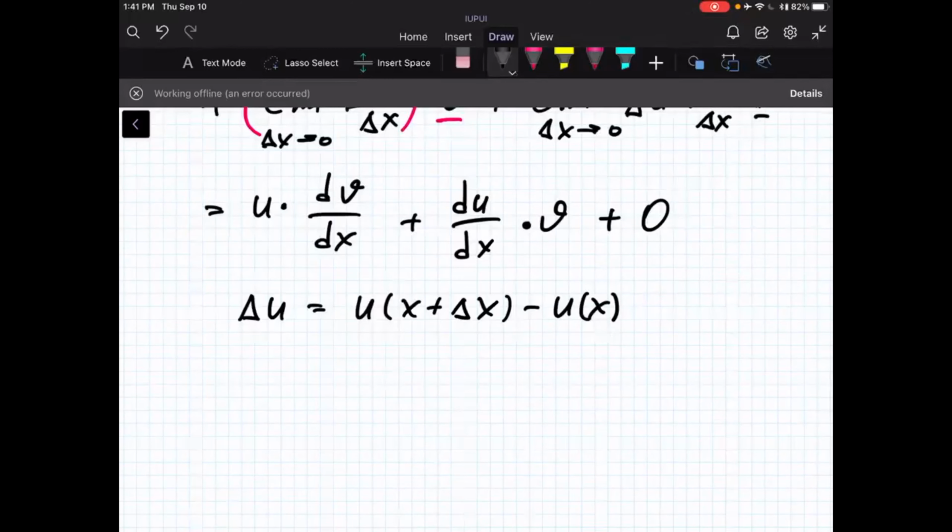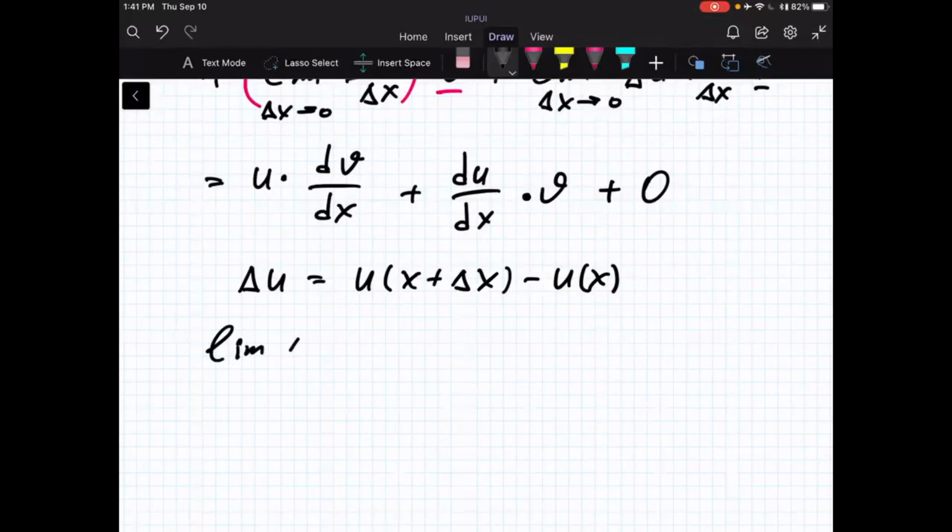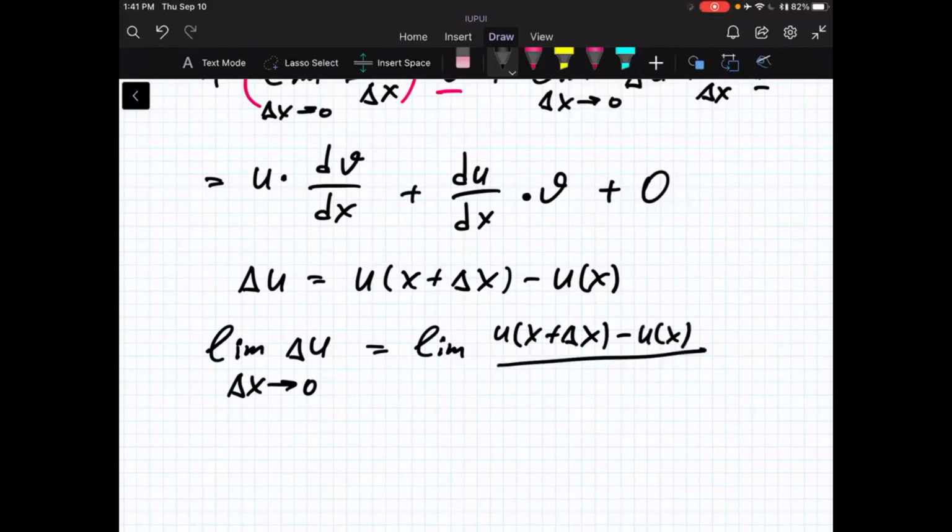And then the limit of delta u when delta x goes to 0 is equal to the corresponding limit. And so it's u of x plus delta x minus u of x divided by delta x. Oh, sorry, not divided, but just this. But then I indeed can divide and multiply by delta x. Let's divide by delta x and multiply by delta x.